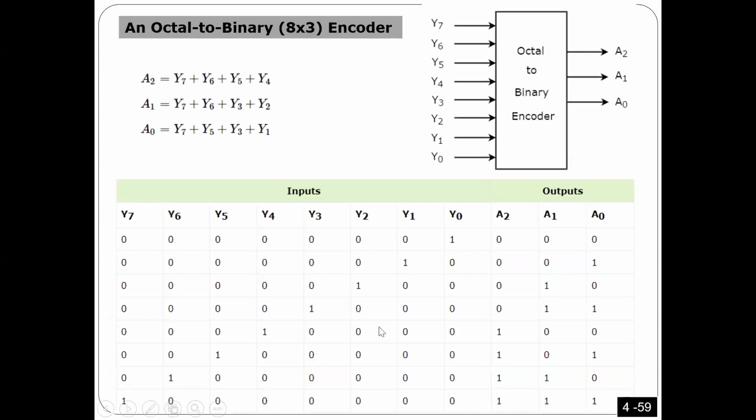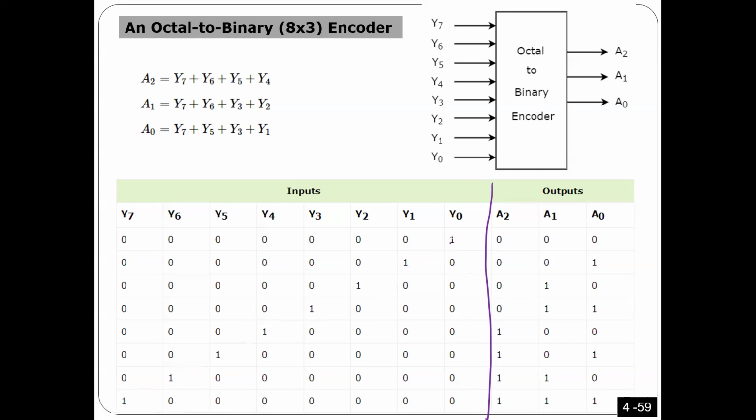I can repeat the same thing again but for a bigger encoder, 8 to 3. It's exactly the same thing here. We have 8 inputs, we have 3 outputs. Y naught here is 1 only in this case, and Y1 only in one case, because it's not allowed to have more than one input with 1.